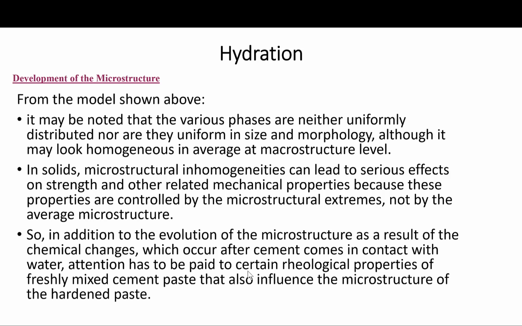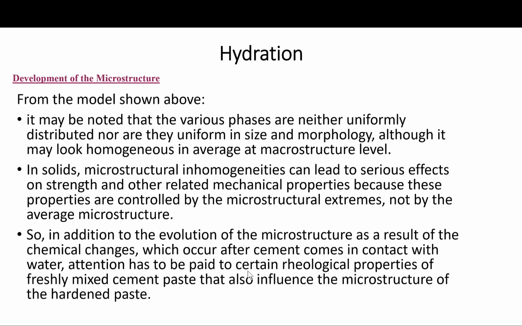So, in addition to the evolution of the microstructure as a result of the chemical changes which occur after the cement comes in contact with water, attention has to be paid to certain rheological properties of the freshly mixed cement paste that also influence the microstructure of the hardened paste.